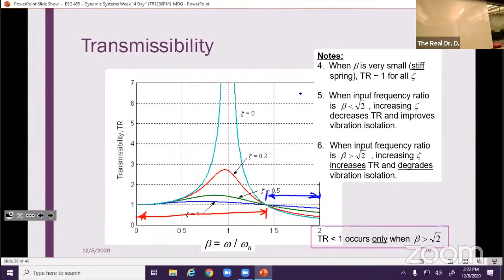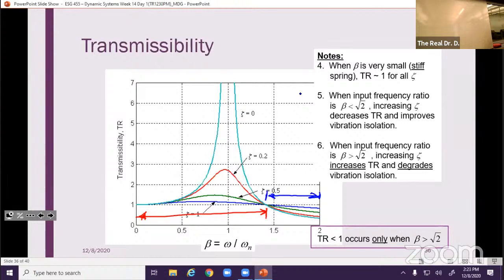So if your goal is to reduce the amount of vibration in a system, and you know that you are operating in a range in which beta is less than root 2, you want the highest damping ratio that you can possibly get, because that is going to minimize the amount of vibration, but it's still not going to attenuate your vibration.